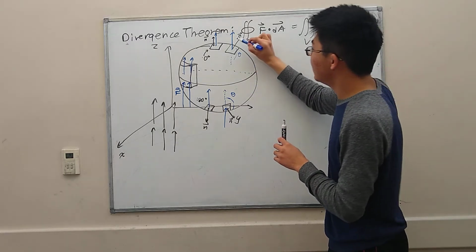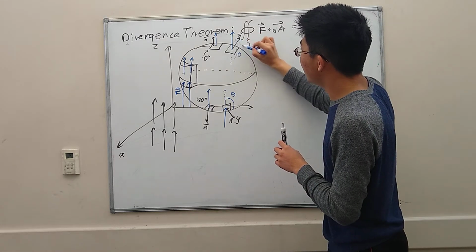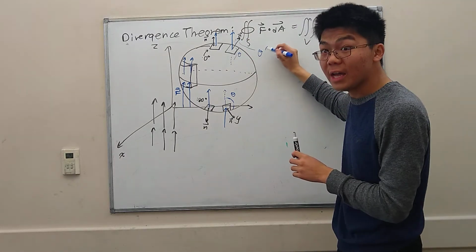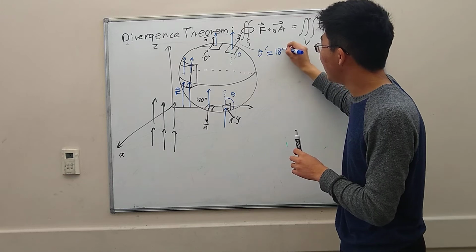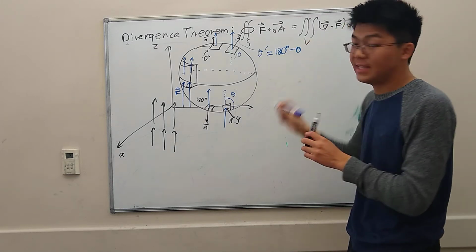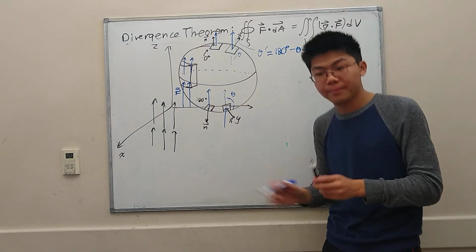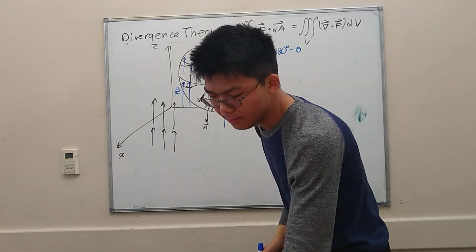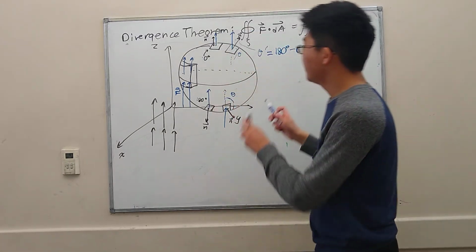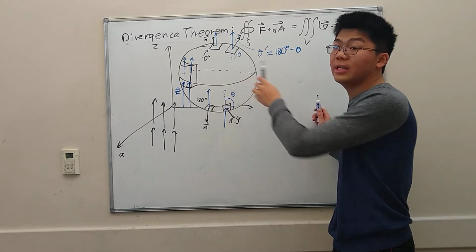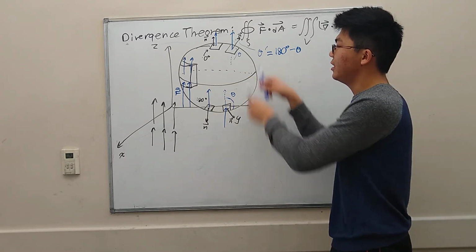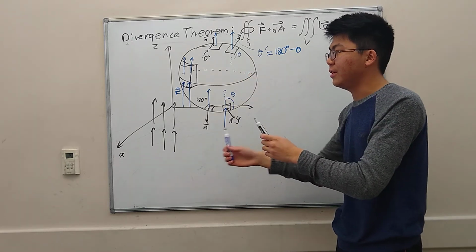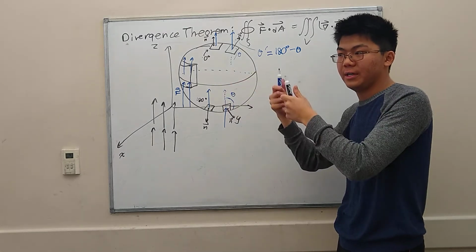And so the angle here, let me call this theta prime, is equal to 180 degrees minus theta. So good so far? All right. The reason why I can say this is due to the symmetry of the vector field F pointing upward.